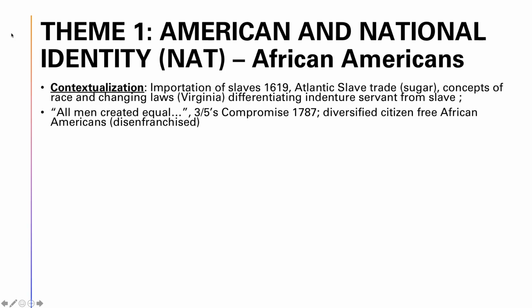But then we go into a constitutional convention to create a constitution because of the failures of the Articles of Confederation, and all of a sudden slavery comes back. Counting slaves towards population, a 3/5 compromise, counting a percentage of slaves towards representation in the House, which also led to more electoral votes in the South.